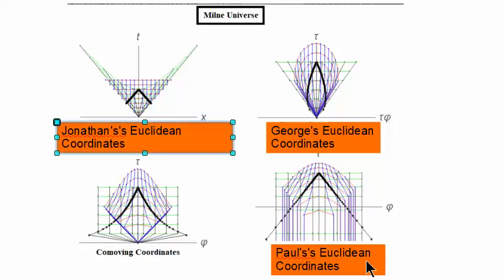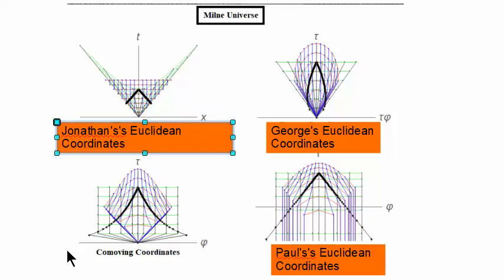And so the question I've been asking Paul several times about Euclidean coordinates is that he would think that this phi variable here is the actual distance between galaxies, which is not shrinking.